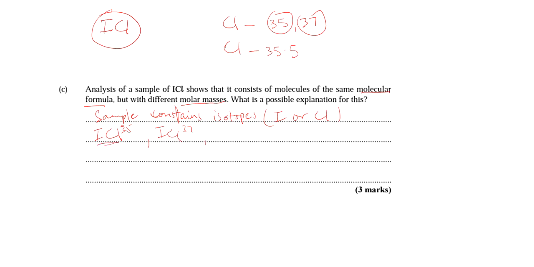This one will give you one molar mass, and this one a different molar mass, because even though it's chlorine, you could have chlorine 35 or chlorine 37. Now look at the number of marks. It's 3 marks, so chances are they want us to say that there are isotopes present, which could be of either iodine or chlorine, and that when the different isotopes are added together, different molecular masses can be obtained.